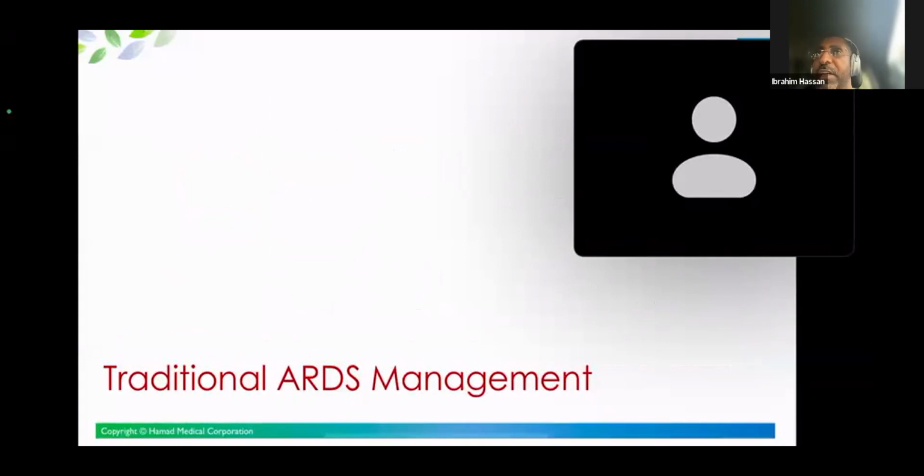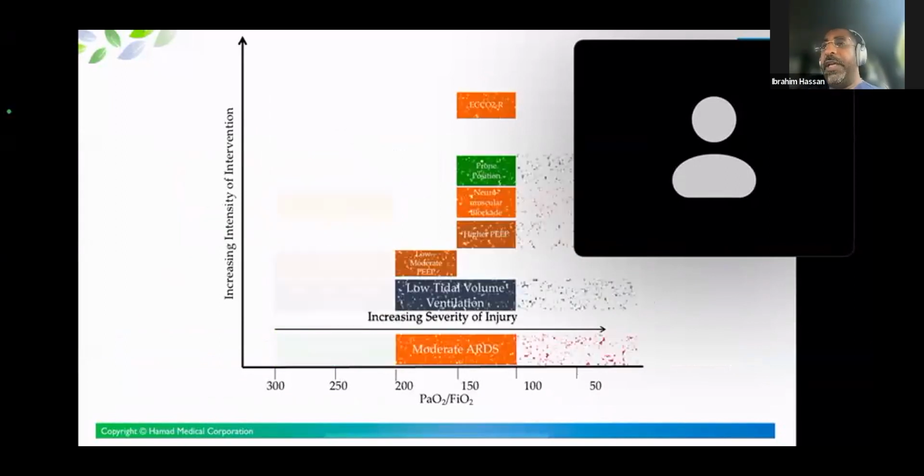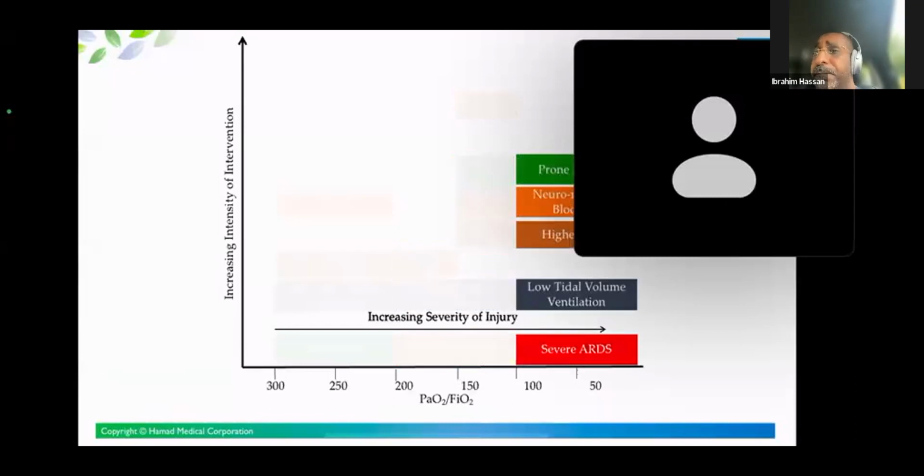So the traditional ARDS management that you do for your patient with ARDS and trauma might be a bit different. We are not talking about mild ARDS that you can treat with NIV, mostly moderate and severe ARDS. For the moderate, we do neuromuscular blockade, high PEEP, prone position, and low tidal volume ventilation for everybody. When you go to severe, it's pretty much the same, but you go up with a higher PEEP, and then you can have rescue therapy.